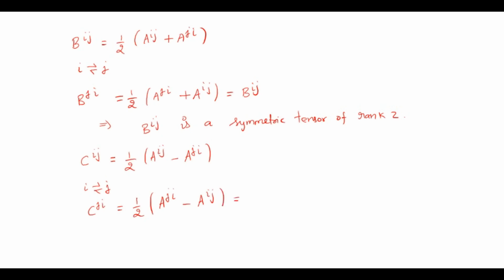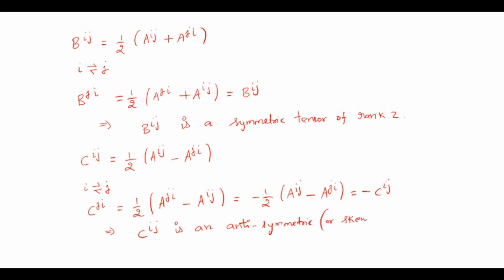Taking the minus outside, this is minus half Aij minus Aji, which is equal to minus Cij. So this implies Cij is anti-symmetric. Another name for anti-symmetric is skew-symmetric tensor of rank 2. So what is the conclusion?